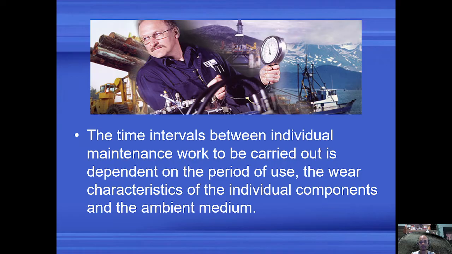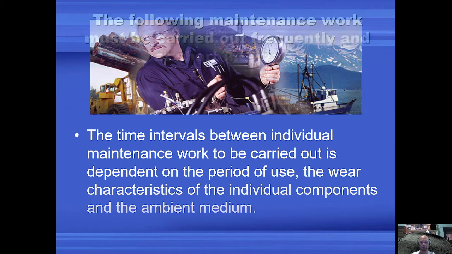For example, if the manual says maintenance every 50 hours, but your ambient temperature is very high, you can lower the 50 hours to 40 hours or 30 hours, depending on how you assess the situation.